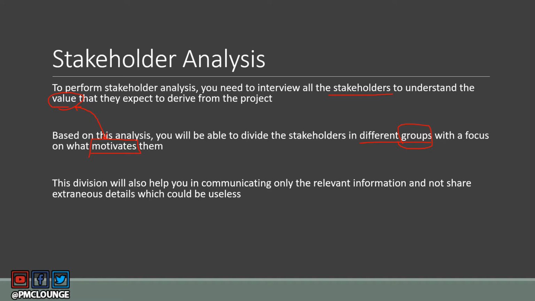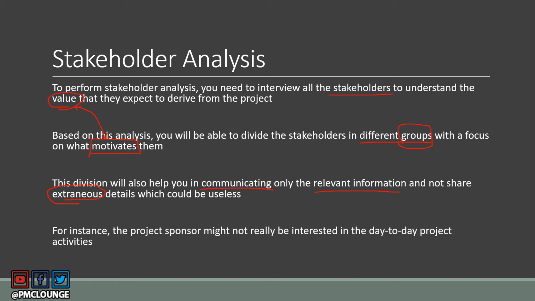Now, this division is going to help you in what you communicate with them. You need to communicate only the relevant information to these stakeholders instead of sharing extraneous details which could be useless for them and they might find boring. So let's take an example. The project sponsor might not really be interested in what's going on in your day-to-day project activities. The sponsor does not have the time for it.